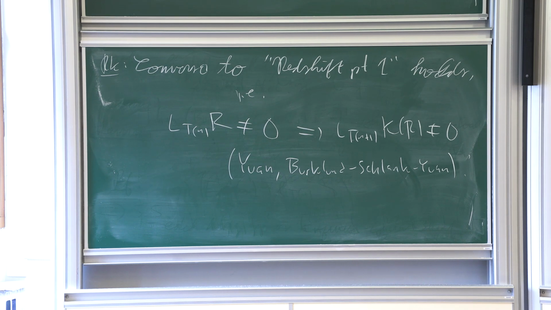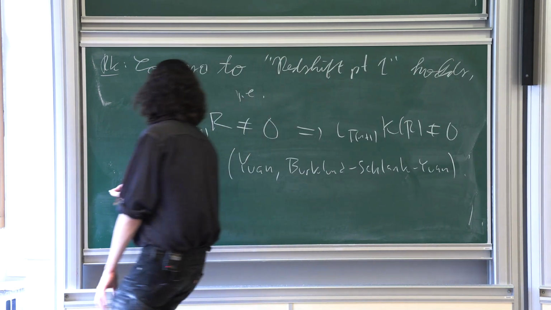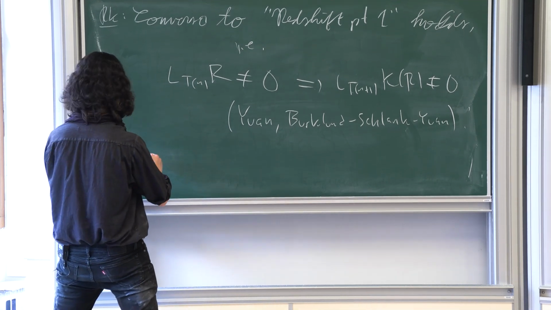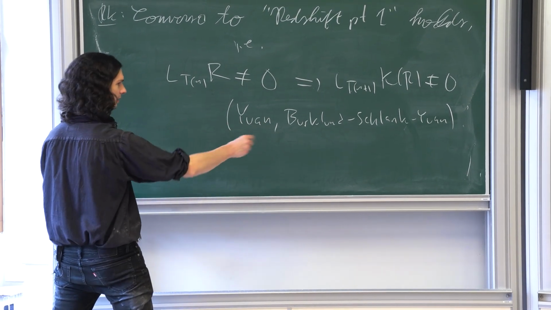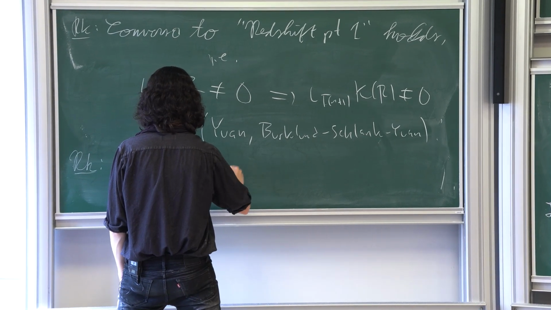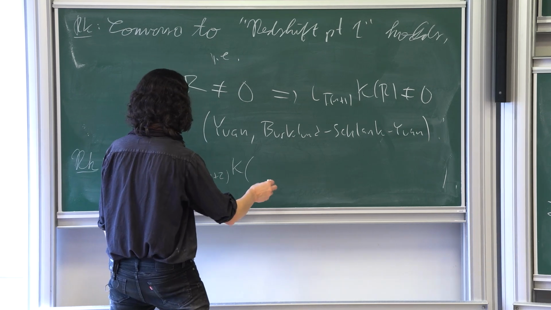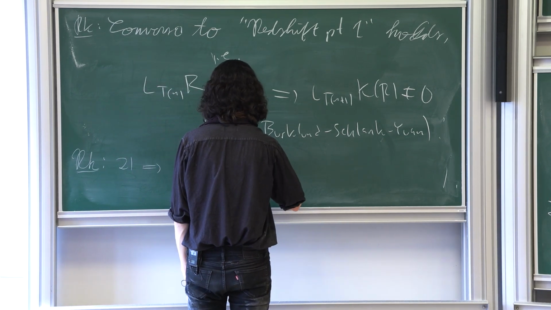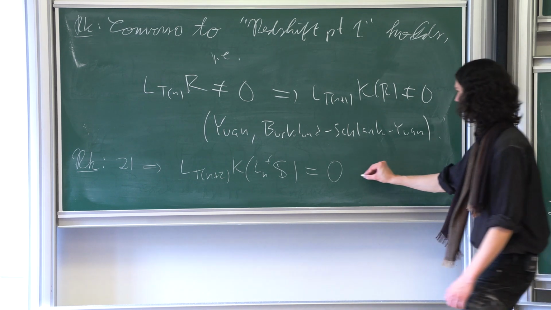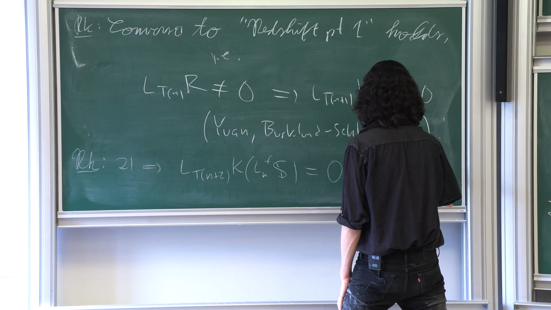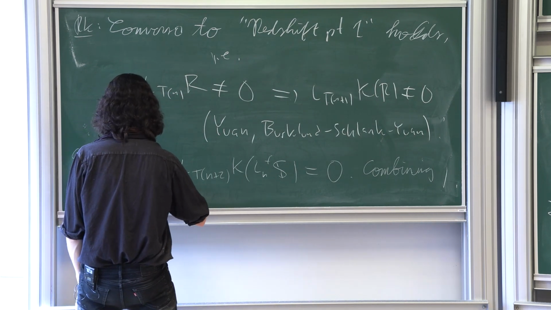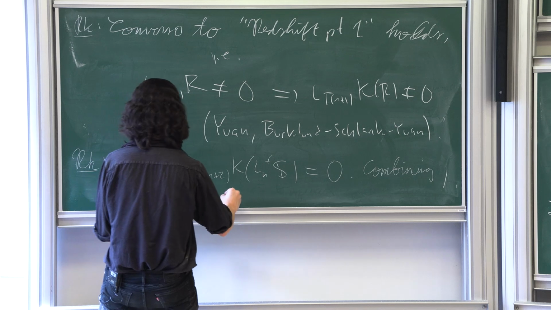All right, let me make one final remark. Redshift part 1 implies that if you take the n plus 2 local K theory of the Ln F local sphere, you get 0. And if you combine with purity, we get a strengthening of purity.